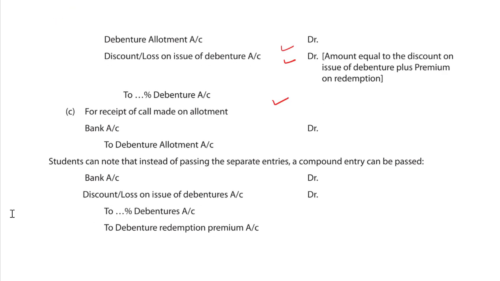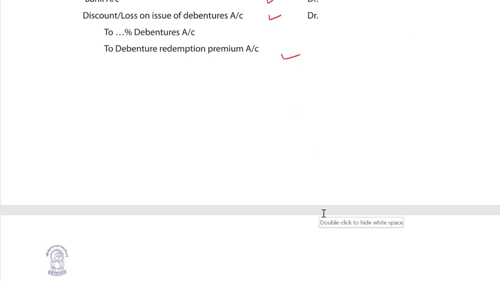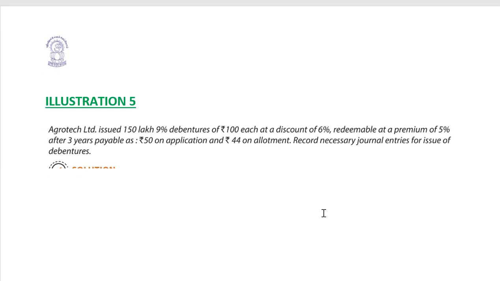For receipt of call made on allotment, bank to debenture allotment. Students can note that instead of passing separate entries, a compound entry could be passed: bank account debit, loss on issue of debenture account, that is discount, debit to debentures to redemption of debenture premium. I believe you understood.